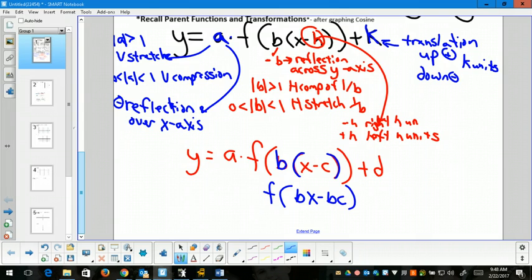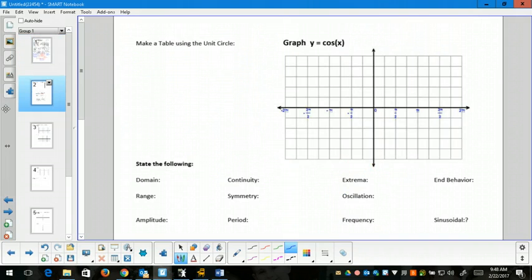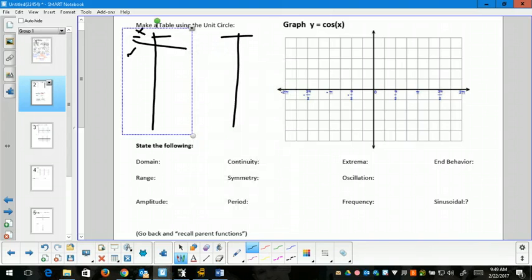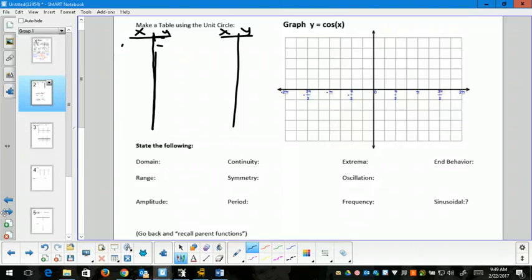So let's take a look at the parent function of cosine real quick, and then we can do some transformations with these. For the parent function for cosine, we're going to have two tables, one going in a positive direction again, one going in a negative direction. Some of you, when you did your exploration, especially with secant and cosecant, found out that you wanted 30-degree increments, pi over 6.